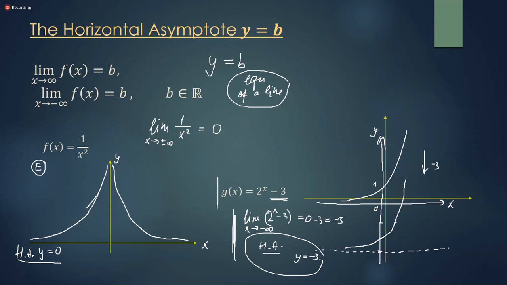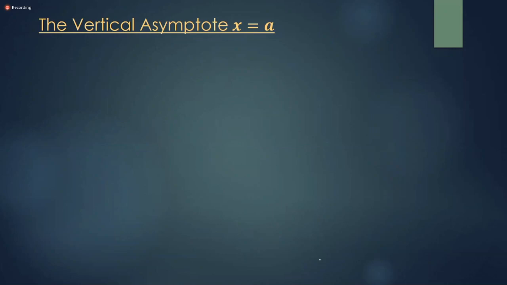All right. Now, the vertical asymptote. Again, it's a line, the equation of a line, x equals some number a is a vertical asymptote. Let's see what might happen. In our previous example, we had y equals 1 divided by x squared.